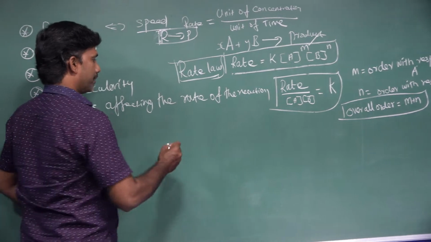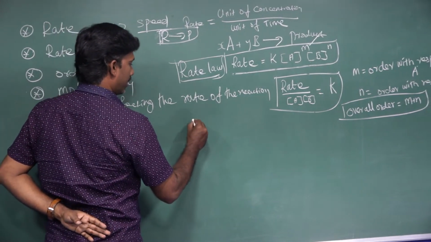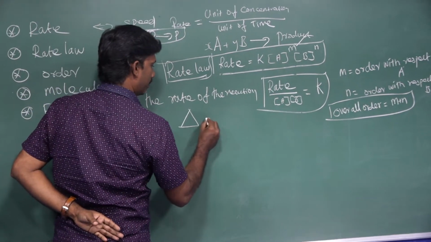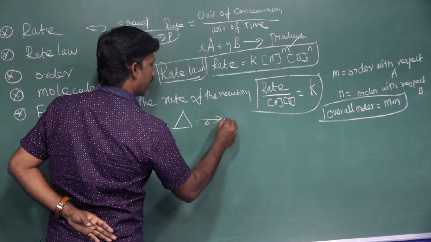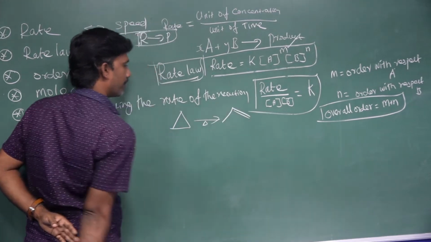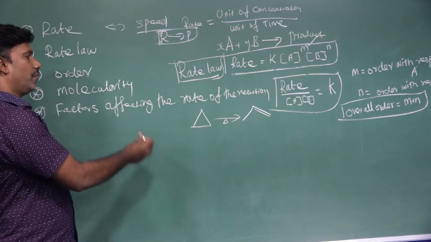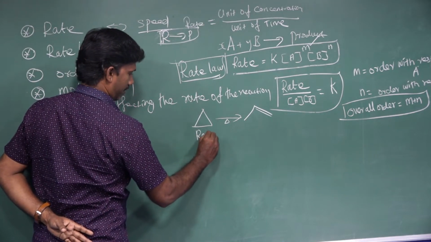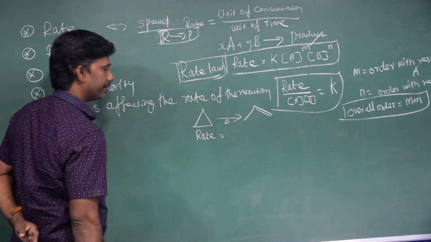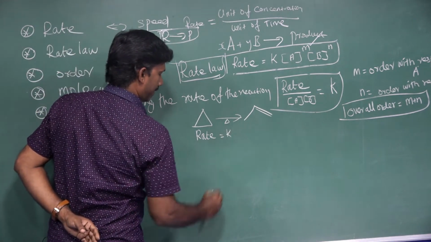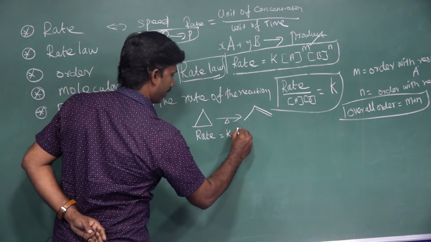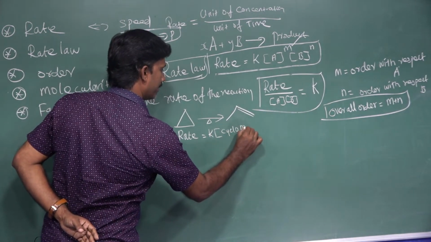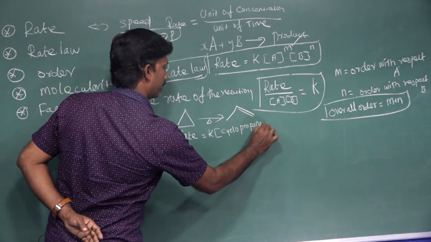Now, for example, yesterday also you have seen cyclopropane. We can write the rate expression for cyclopropane, which on heating gives propene. How can we write the rate expression for this? Rate is equal to K, the rate constant, times the concentration of cyclopropane.